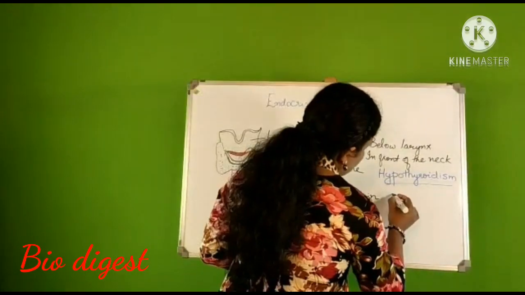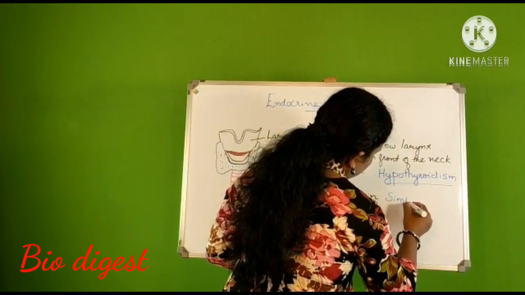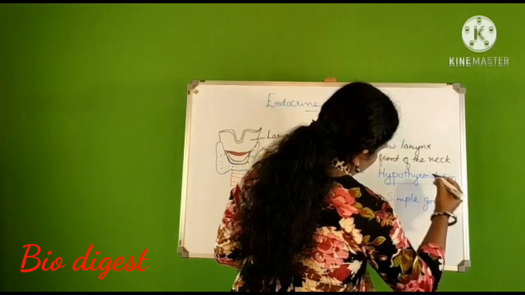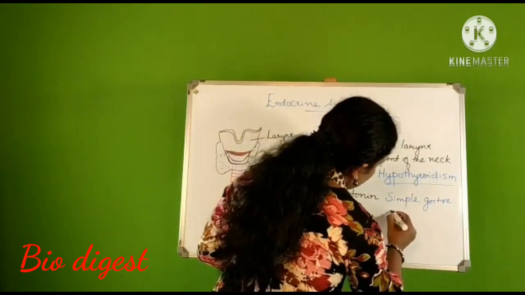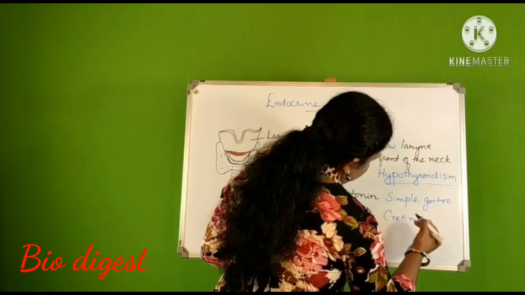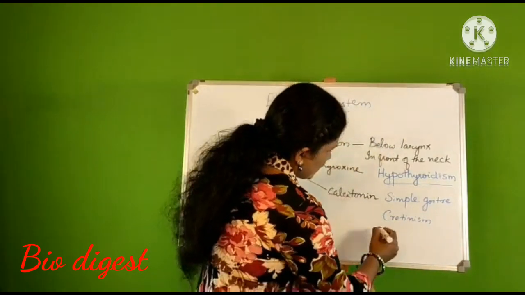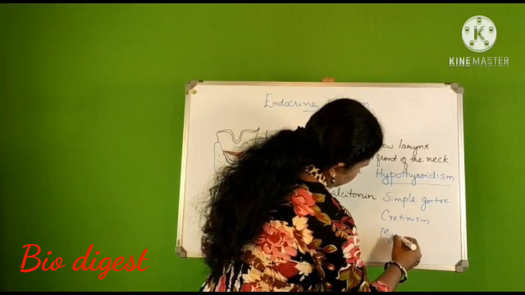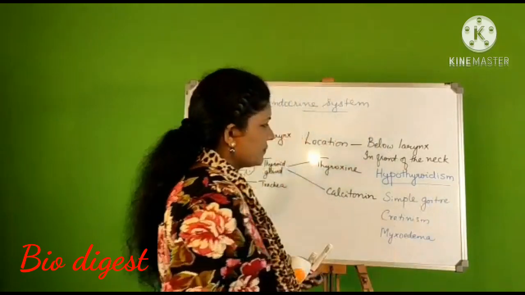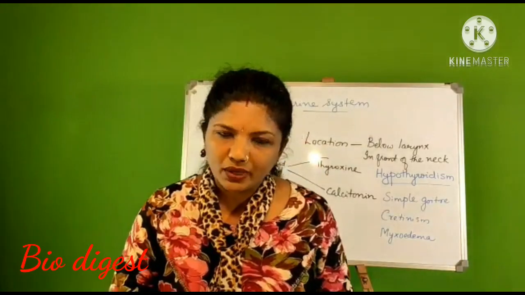One is simple goitre. Next is cretinism. And the third one is myxedema. We will see these one by one.